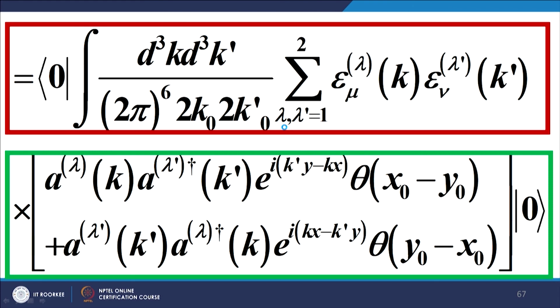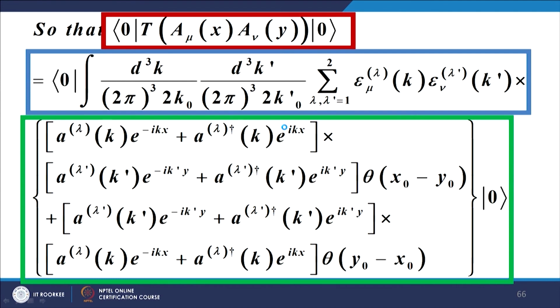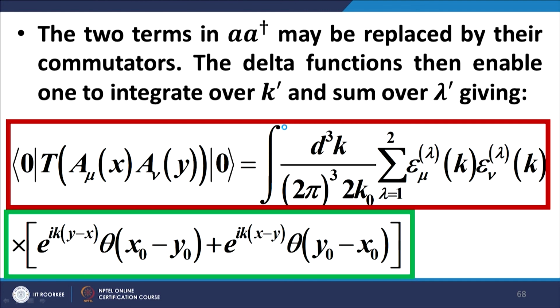This entire slide is the simplification of what we had in the previous slide in the green box. Now the terms in A dagger can be replaced by their commutators, and then delta functions can be introduced, and after introduction they can be integrated over, and then they are summed over lambda.